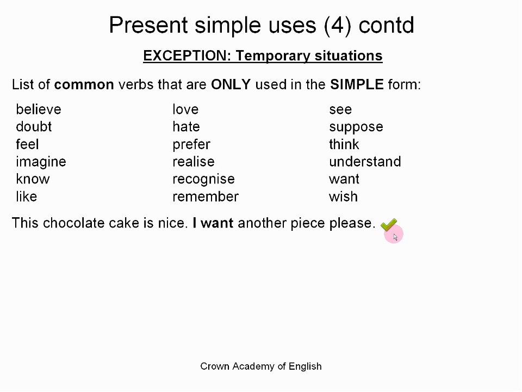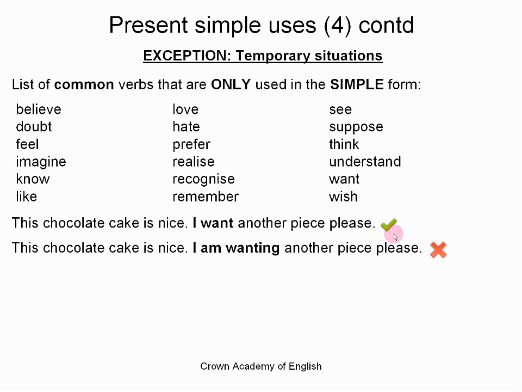However, you would think normally we would use the present continuous form, but we don't, because it's a verb on this list, and the verb want can only take the present simple form. Okay, so in other words, we cannot say I am wanting another piece, please. That is just wrong. You would never say I am wanting something or he is wanting something. You would say he wants.